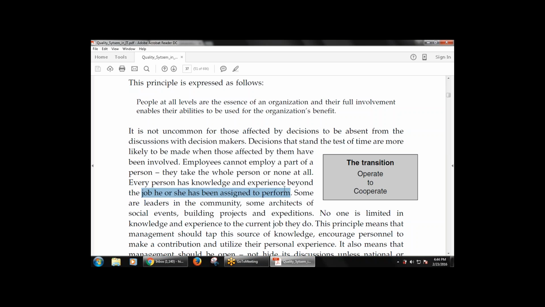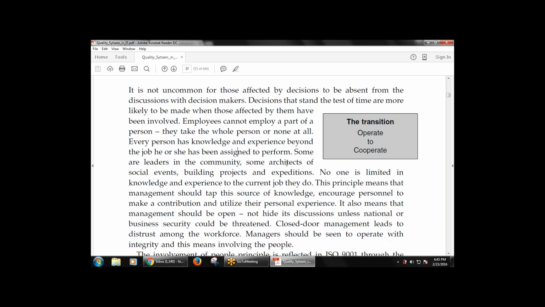Every person has knowledge and experience beyond the job he or she has been assigned to perform. Some are leaders in the community, some are architects of social events, and some build projects and expeditions.